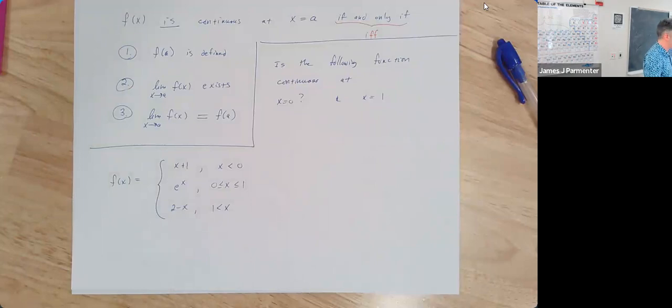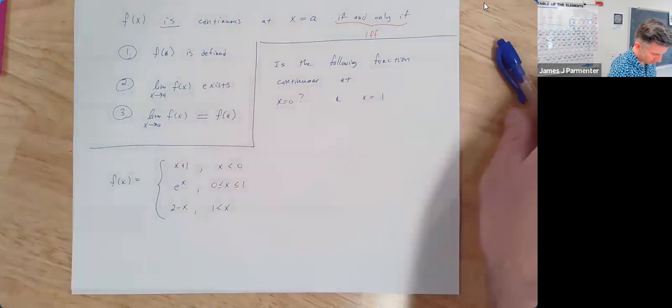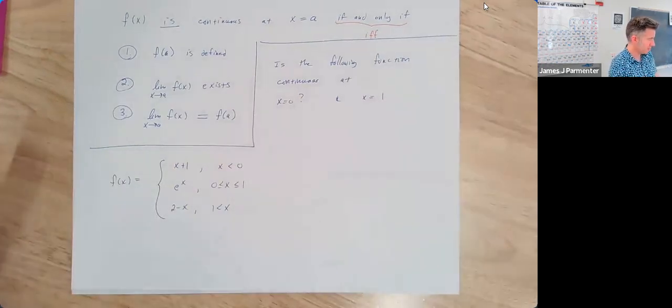I'll write it down on the next page. But the more broad statement that is usually true is that most normal, simple functions are continuous on their domains, meaning wherever they're defined, they're continuous, which can be a little bit weird, but we'll talk about it in a second. Let's look at this example and then I'll write down those things in a minute.